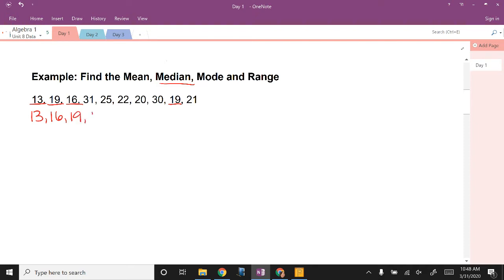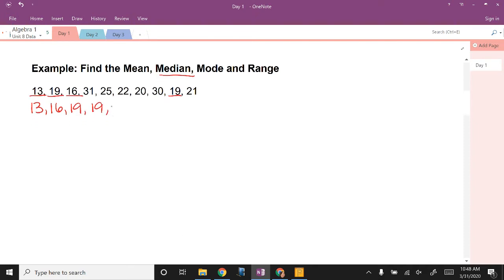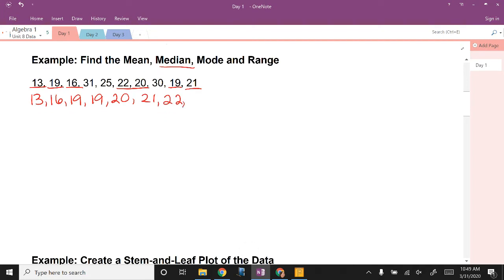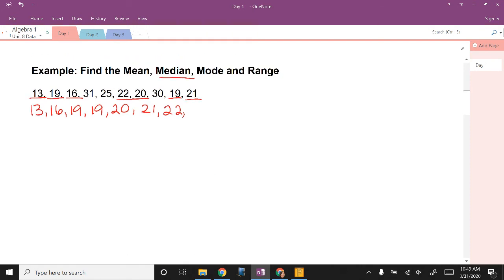Underlining them or crossing them out as you go is a good idea, in my opinion. Then I have 20, 21, 22. And then my next highest one is 25, 30, and 31.